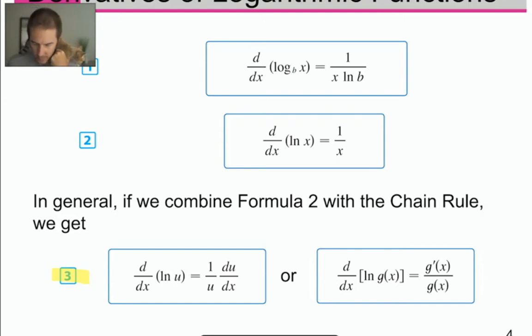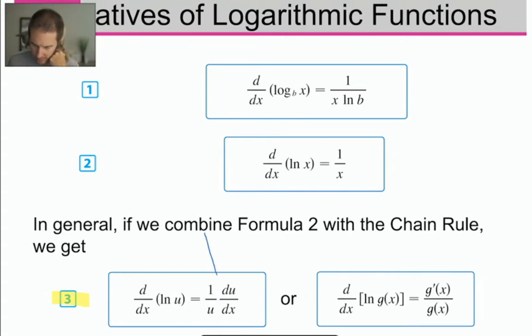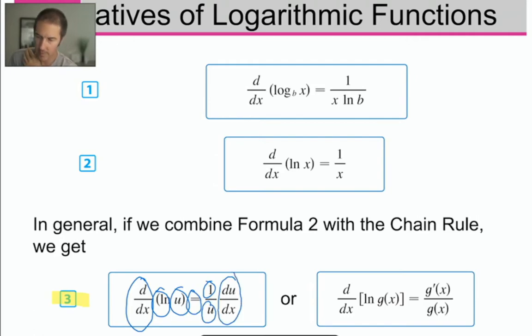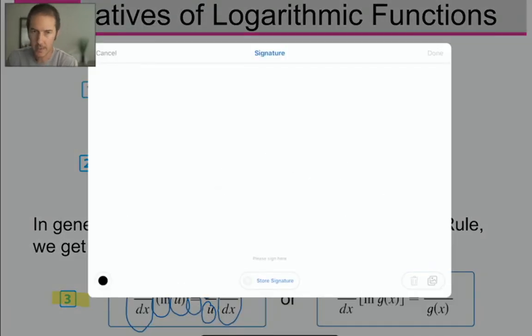What we see is that if you're taking the derivative of the natural log of a function, then the result is 1 divided by your inner function times the derivative of that inner function. So I've circled the heck out of that, and Sophie is pushing buttons on the iPad.